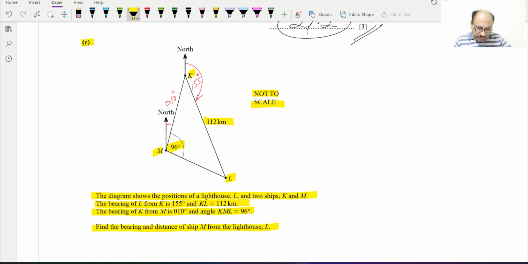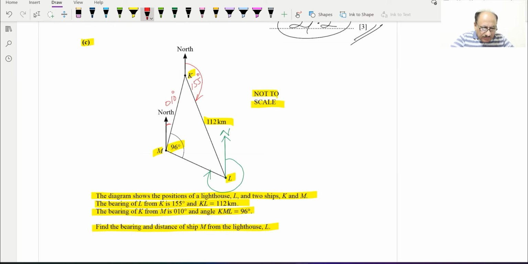So which bearing is required? First of all, we will draw the north. Basically, we can draw north over here, and this will be the north, which we can write here. And the required bearing is this much. We need to find these two angles basically. So how will you find these two angles?